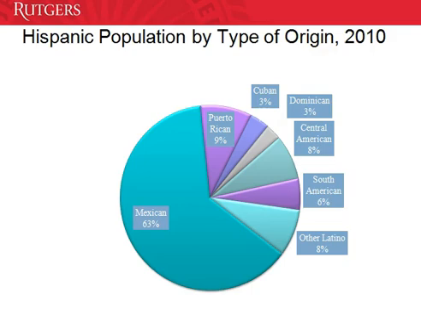So as you can see, the majority of the population are Mexicans, but the different Hispanic groups have settled in different parts of the country. As you know, the majority of Mexicans are in the Southwest. Cubans are in Florida and New Jersey, which has the second largest Cuban population in the United States.